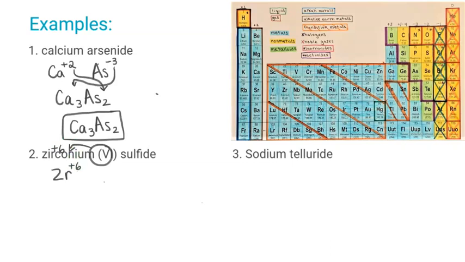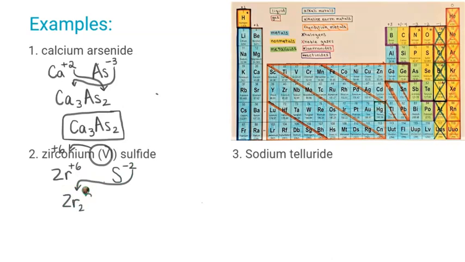Then sulfide, sulfur's chemical symbol is S, and then if we look at our periodic table, sulfur is in the -2 column. So our ion symbol is S with a -2 charge. Then to get our formula, we'll do the crisscross. Zirconium is going to get the 2 from the sulfur, not that negative sign, but just the 2.